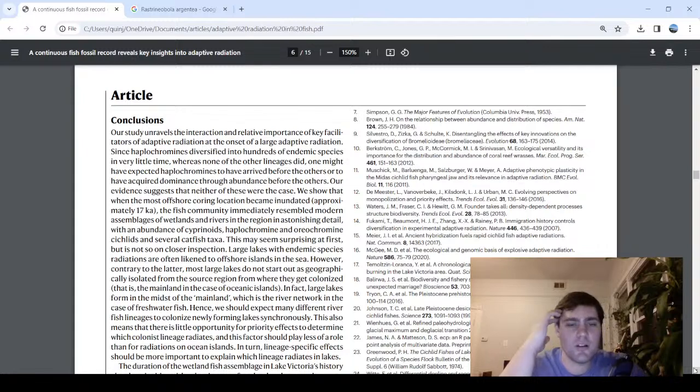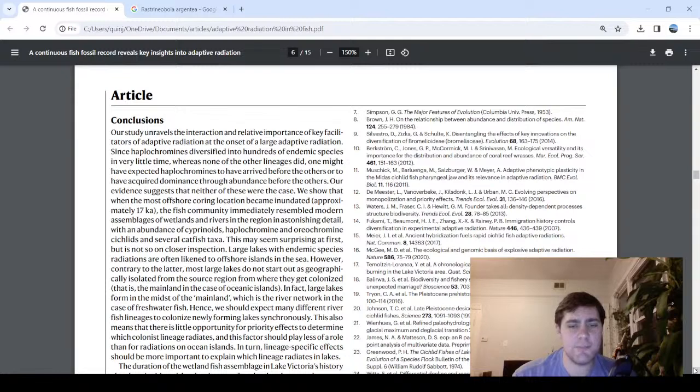However, contrary to the latter, most large lakes do not start out as geographically isolated from the source region from where they get colonized. In fact, large lakes form in the midst of the mainland, which is the river network in the case of freshwater fish.